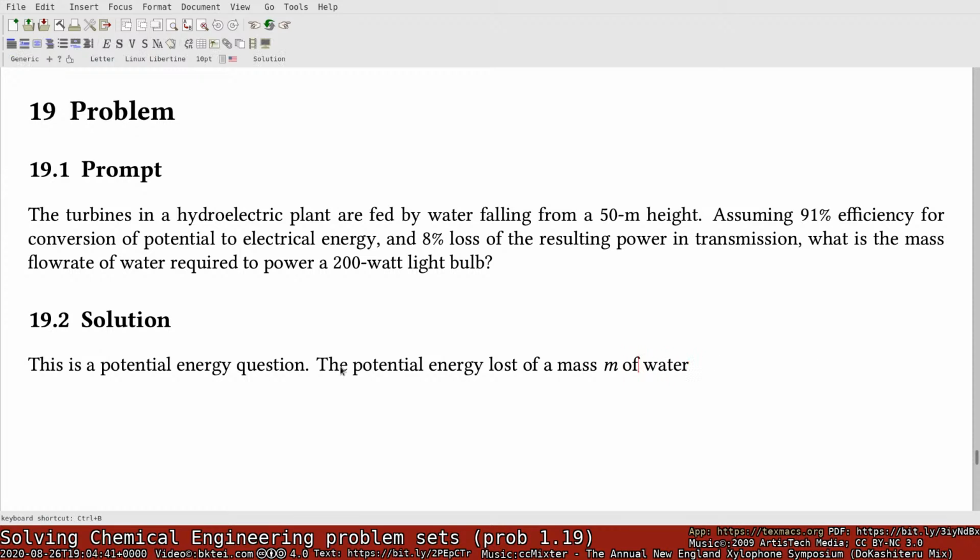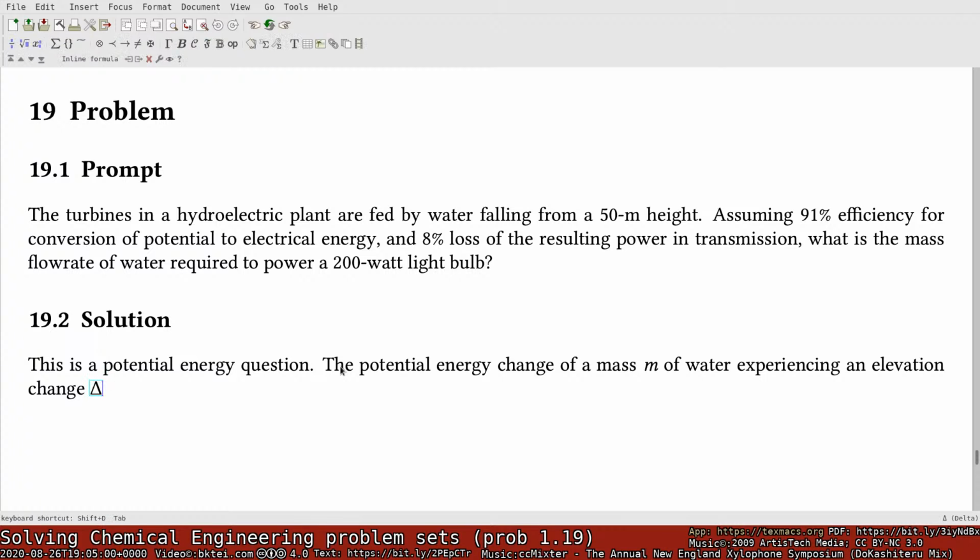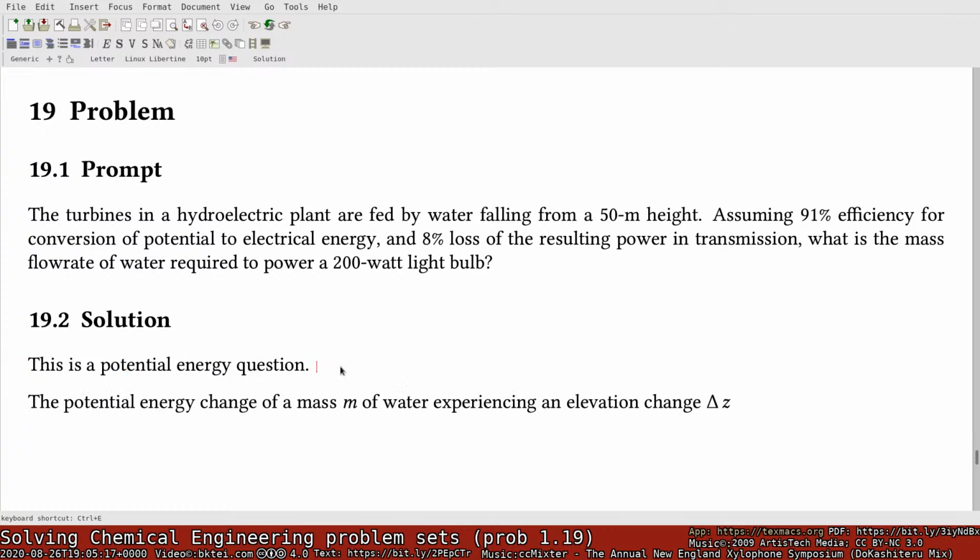The potential energy change of a mass of water experiencing an elevation change delta z may be, let's see. It seems kind of pretentious to word it like that. Let's try it in plain language, then we'll go from there.